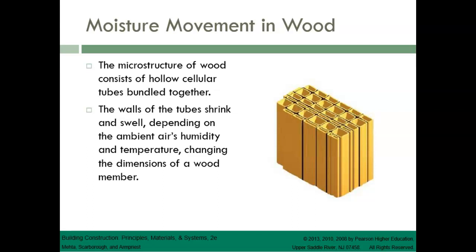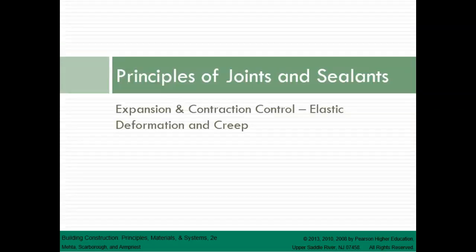So the wood industry has established empirical rules for providing movement joints in wood members. For instance, a 4x8 sheet of plywood must be provided with 1/8 of an inch wide joints at ends and edges in order to accommodate its movement. Moisture-related movement control in wood structures is discussed further in section 15.11 in your text.